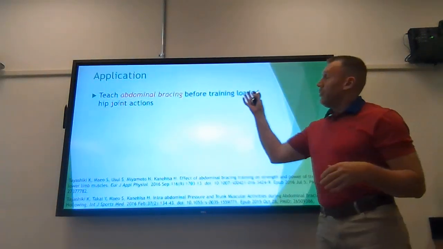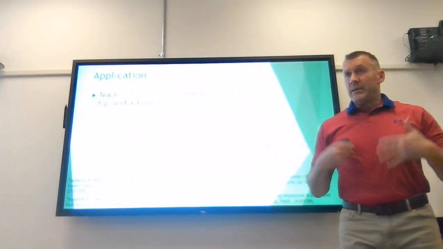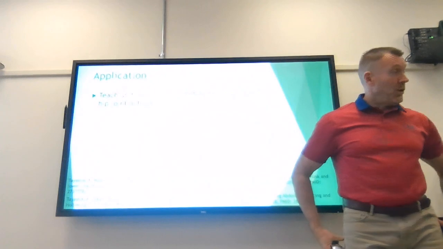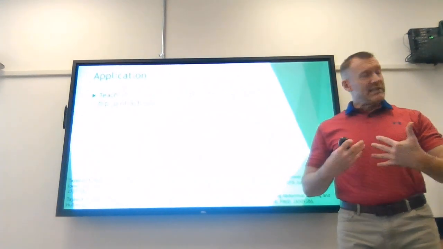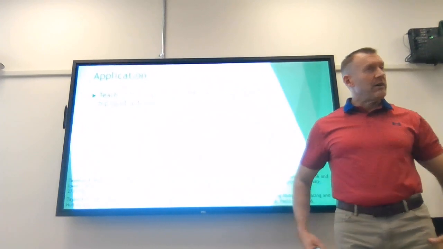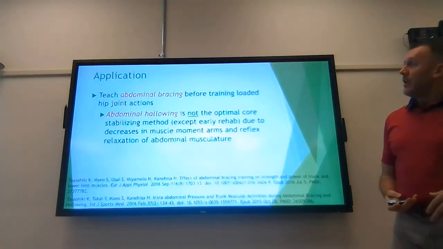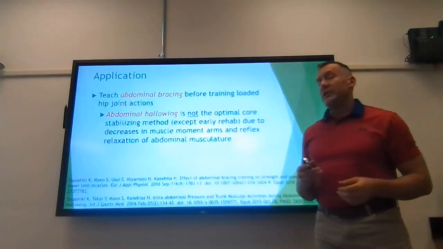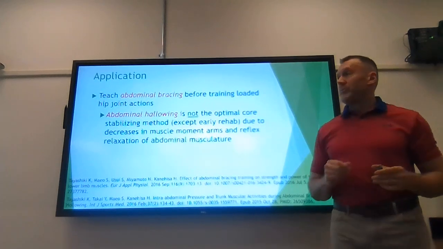And we teach that because it's so important in being able to produce force in the lower extremities. If we're tight here, that means we're stable, we're immovable, and then force production is a lot better through the hips into the ground.